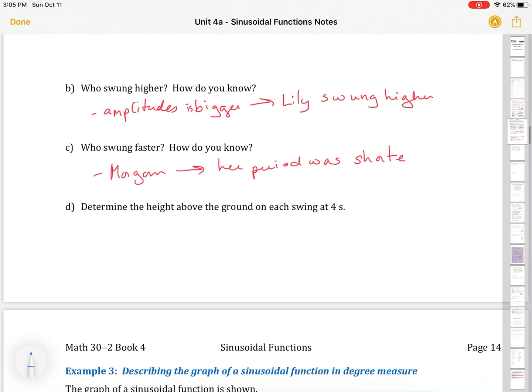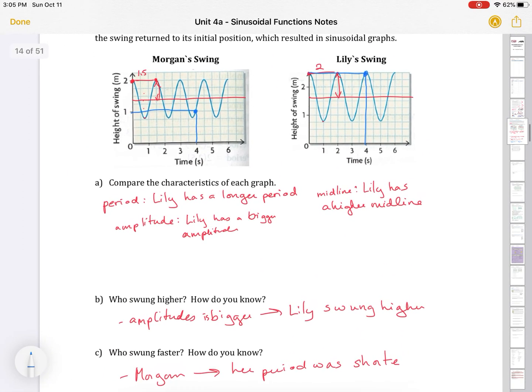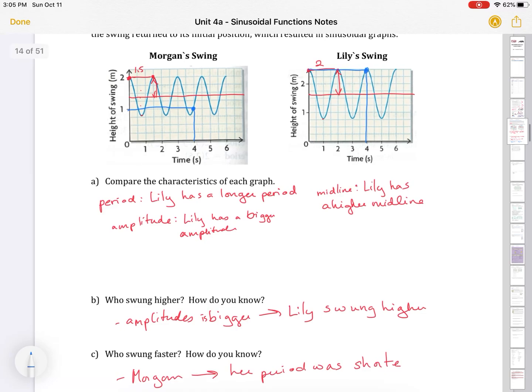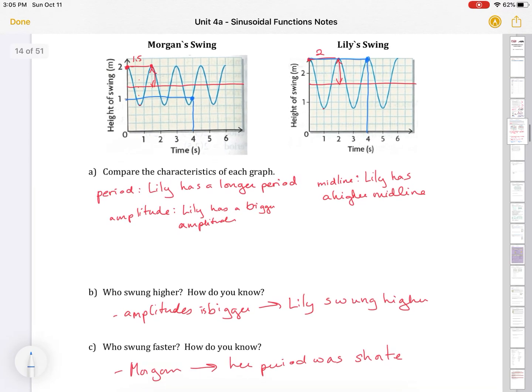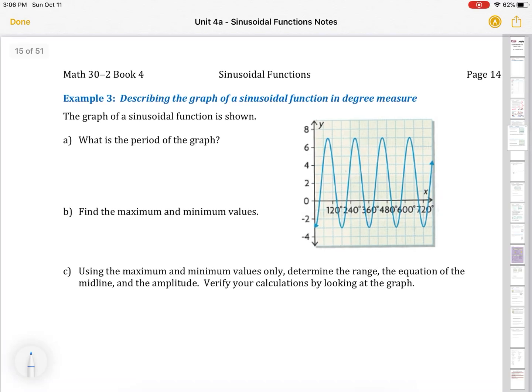So the height of each swing: Morgan is at 1 meter and Lily is at 2.5 meters. And that has more to do with the fact that they're at a totally different point in the cycle of that repeating periodic function. Also, Lily does go higher, so that helps too. Okay. Alrighty.